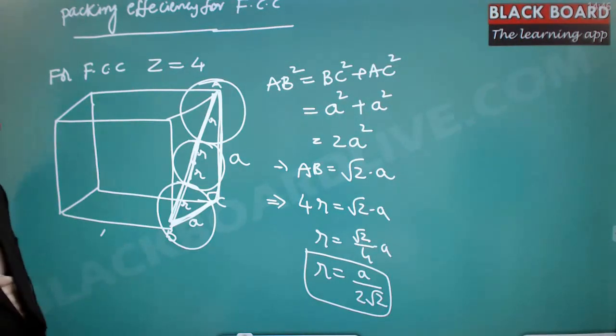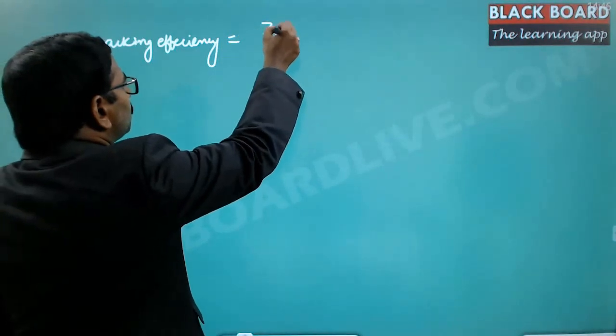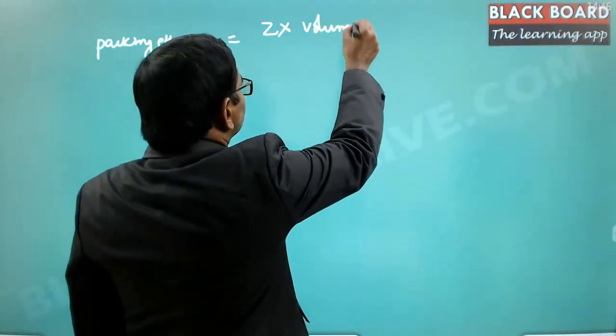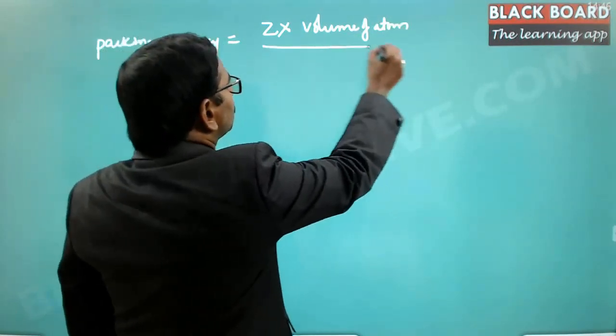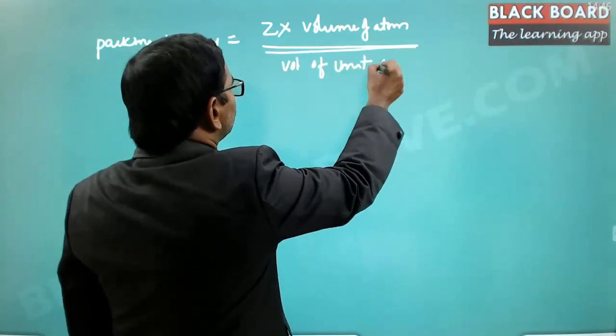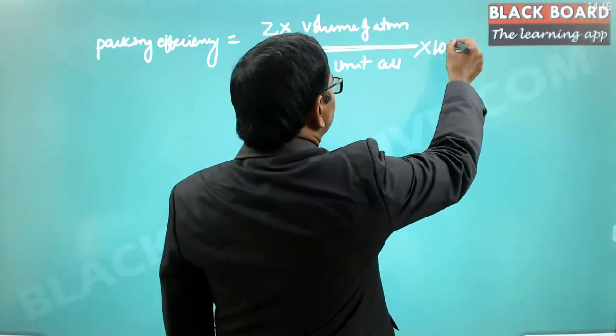Now we calculate the packing fraction. Packing efficiency is equal to Z into volume of atom by volume of unit cell into 100.